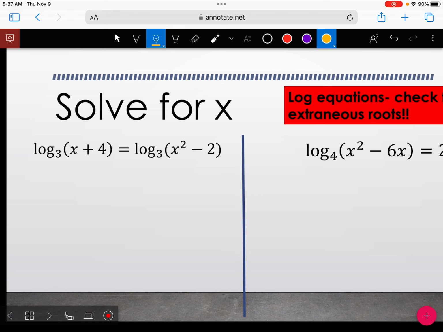All right, so for this first one, I want you to notice the difference between these 2 equations. They're both log equations, okay? But for this one on the left, notice that we have a log on both sides. When you have a log on both sides, you can just drop the log. That's it.